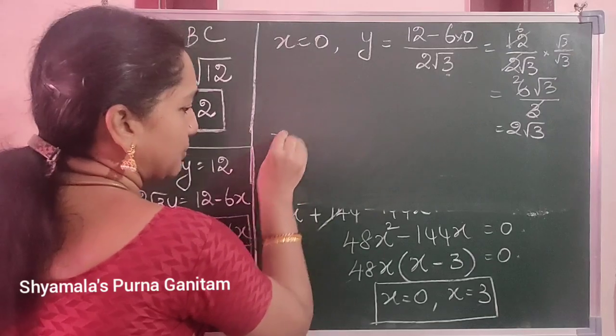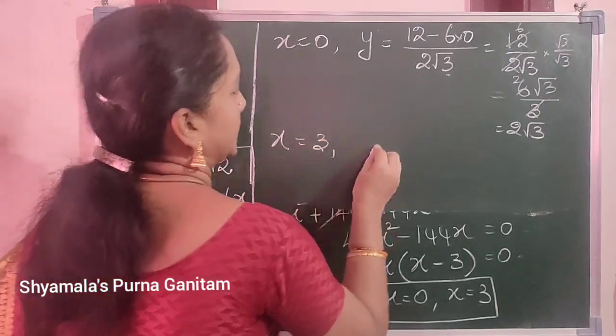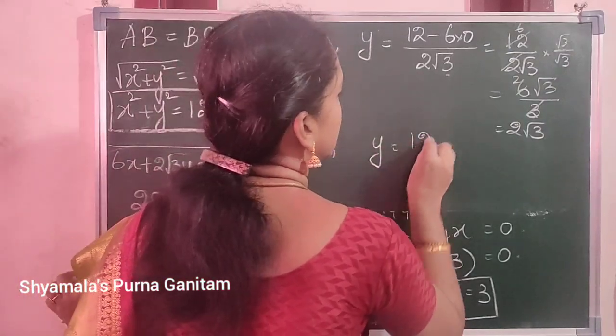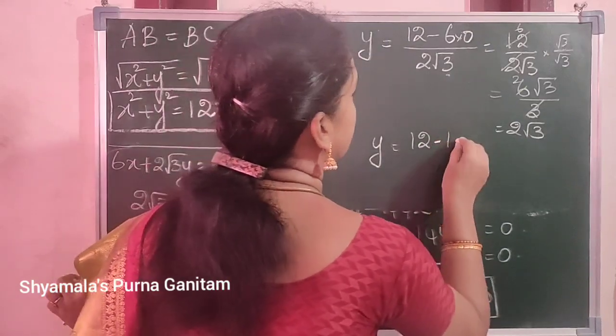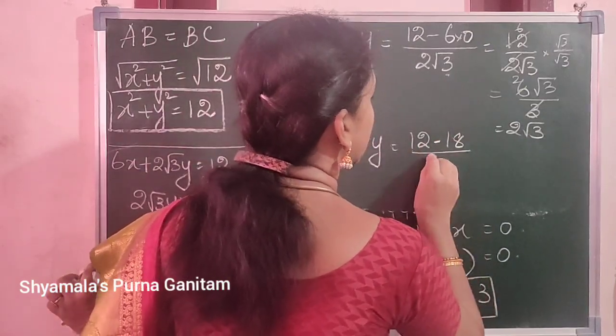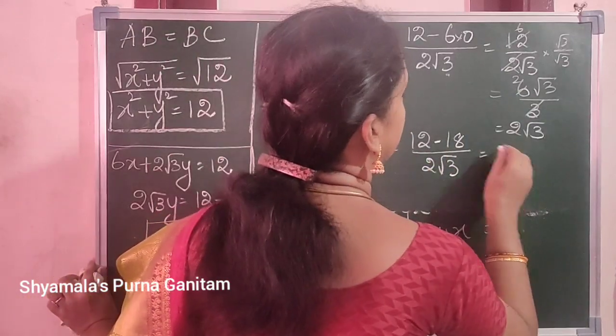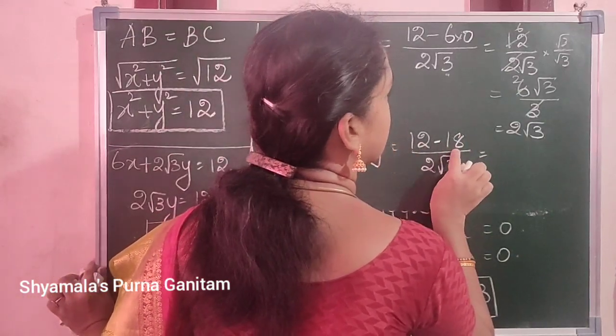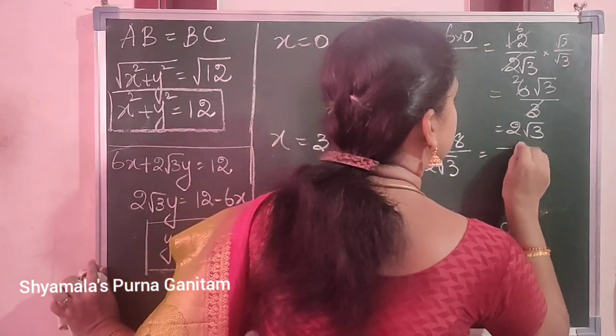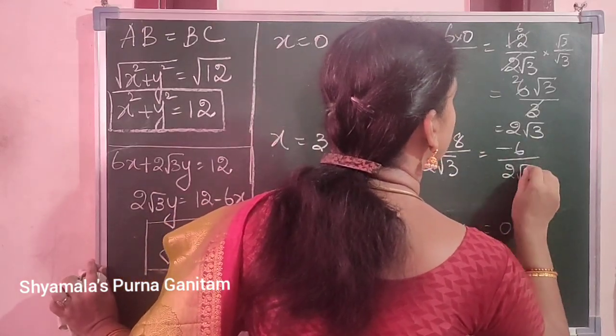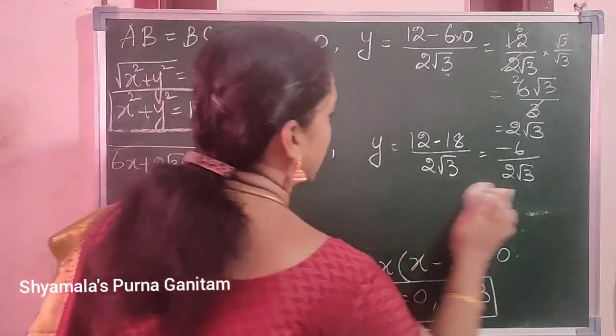Okay, then if my x value is 3, my y value will be 12 minus 6 3s are 18 by 2 root 3. So again the same way it has to be simplified. Here it is 12 minus 18 is minus 6 by 2 root 3.